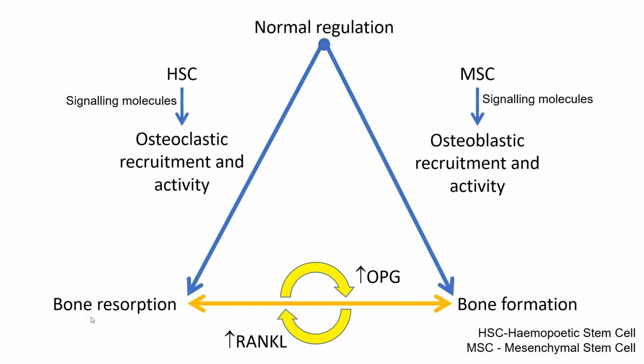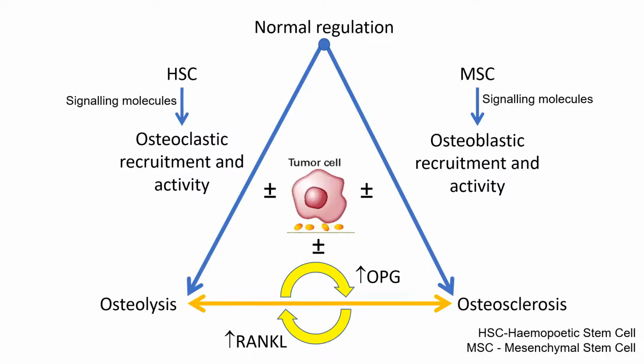And remember, osteoclasts and osteoblasts interact with each other, and increased OPG leads to bone formation, increased RANK ligand leads to bone resorption, and it is this mechanism that is hijacked by tumors, leading to osteolytic and osteosclerotic metastases.